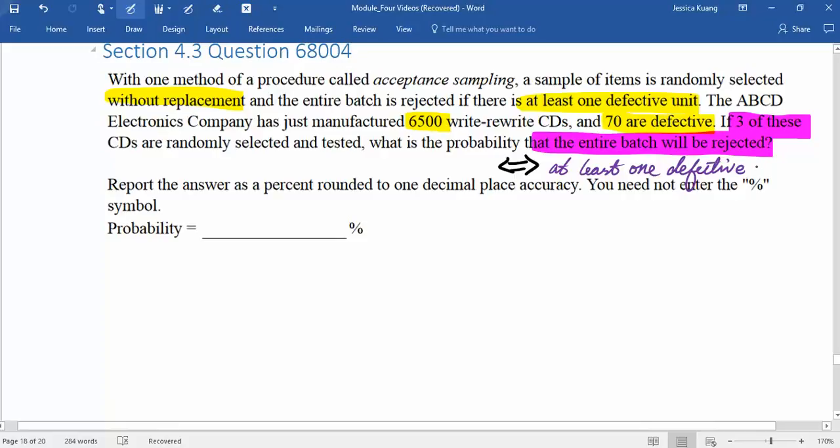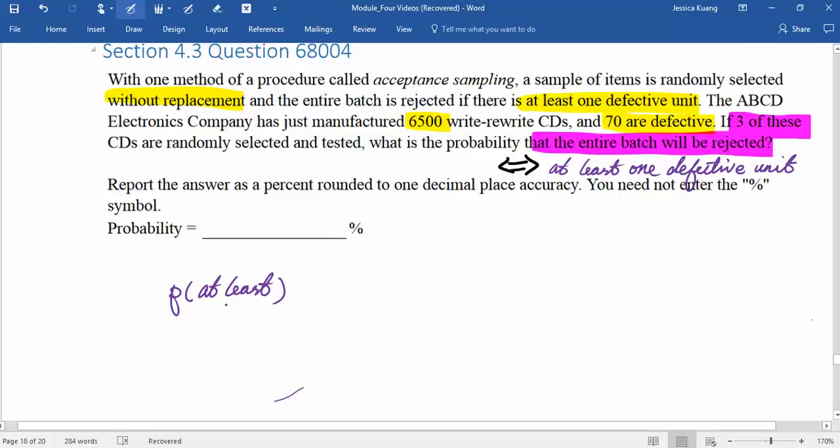So if one of the CDs is defective, then that entire batch of 6,500 CDs will be rejected. So we're looking for the probability of at least one of those 3 CDs we select for test being defective.